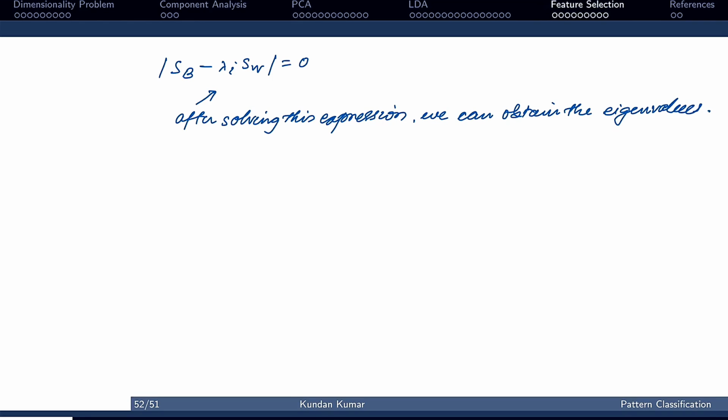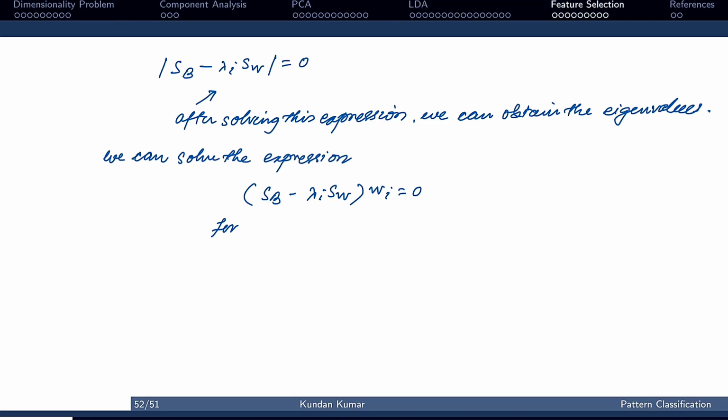When we have the eigenvalues, the corresponding eigenvectors can be calculated. How will we calculate? We have to solve the expression (S_B minus lambda i S_W) Wi equal to 0 for Wi calculation.